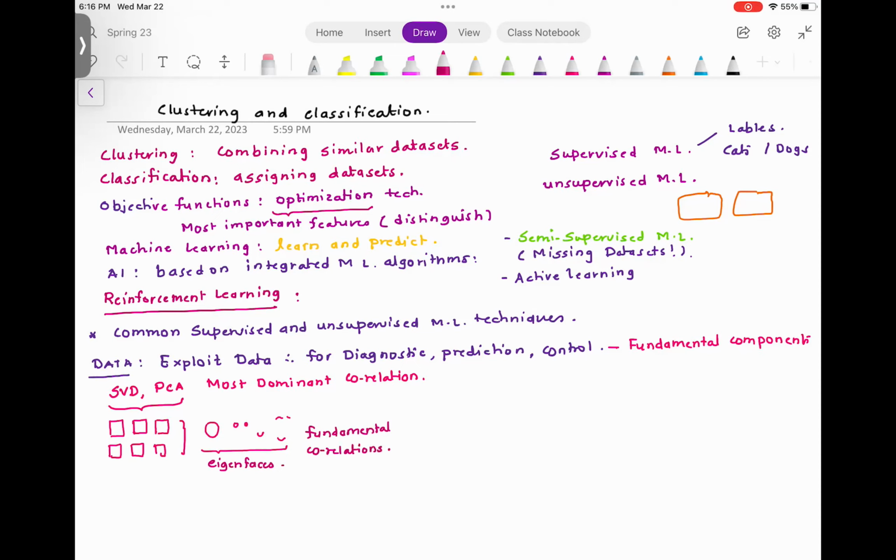And these fundamental correlations are very important because many times they are not visible to the naked eye. For example, if I were to look at the data, I would not understand how a certain quantity or feature is related to some other feature. For example, I can't imagine a face where the eyes are at the bottom of the face, or where, instead of two eyes, you have three eyes.